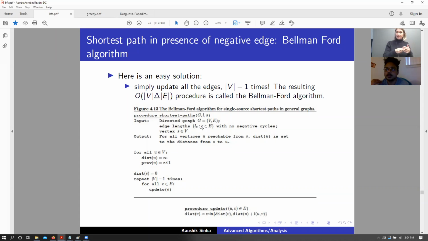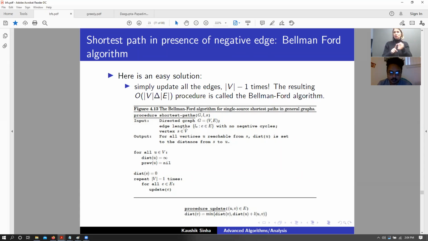That could be a graph connecting multiple cities, and then the edge length can be the distance between two particular cities. Or we can have other scenarios where certain decisions are to be made, and making one decision is more costly than making the other decision.